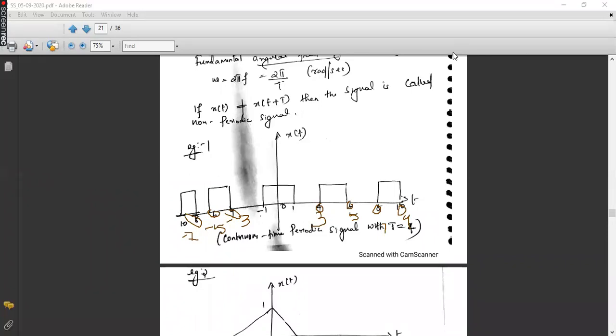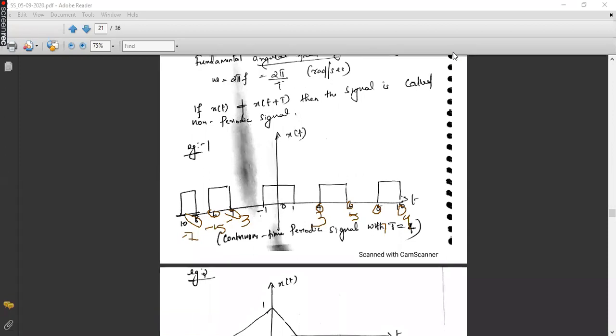Okay, Nikhil ji, I'm telling this particular continuous time signal is a periodic signal. Why is it periodic? Can you tell me? So because it repeats itself, sir. It repeats itself. Okay. Can you focus on any time duration?